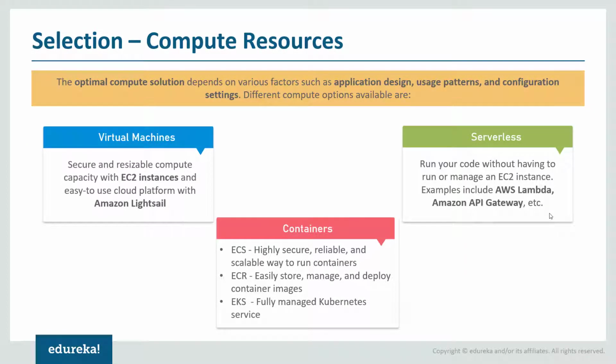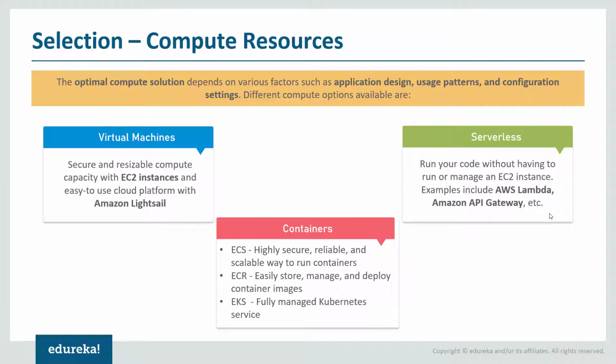One selection component is compute resources. Based on my application, based on the usage, based on the number of resources, maybe different patterns of application management, maybe different configuration types, you choose either a virtual machine, containers, or serverless.